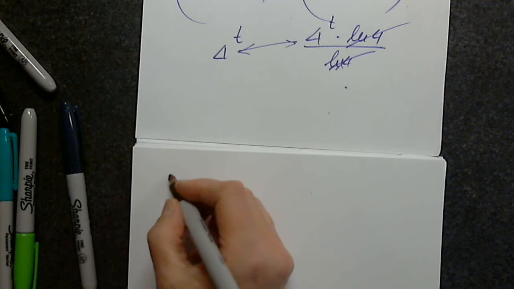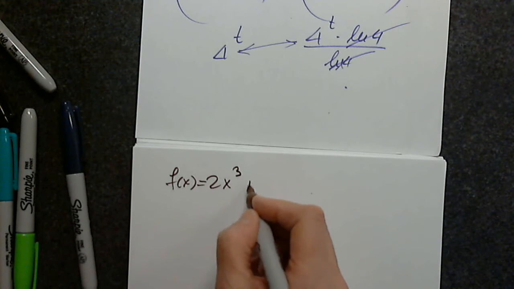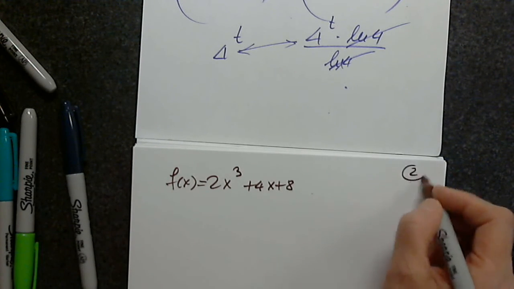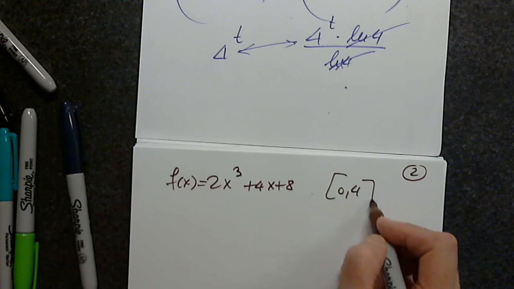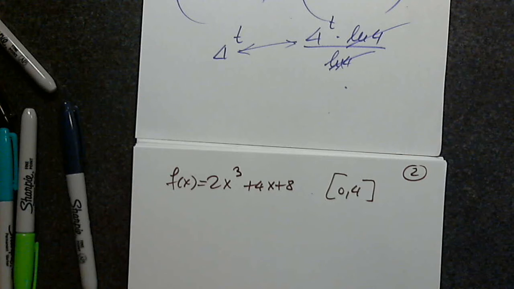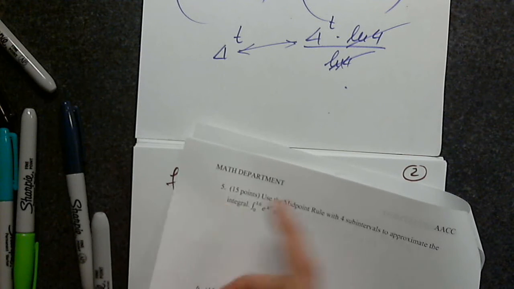So we have f of x, 2x cubed plus 4x plus 8, and the interval is 0, 4, and we're asked to find the area using the limit of the Riemann sum. After we finish this problem, I would like us to jump to number 5, and then we'll come back to others.